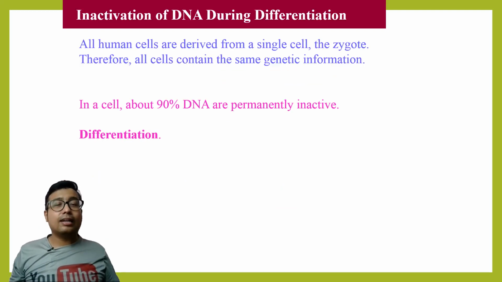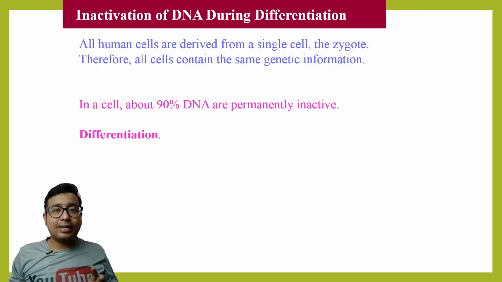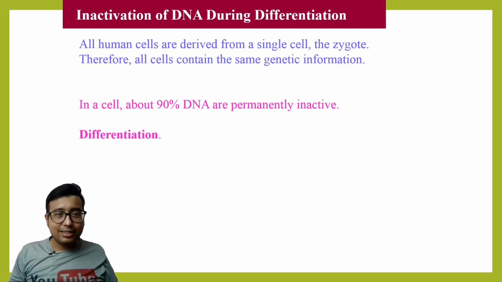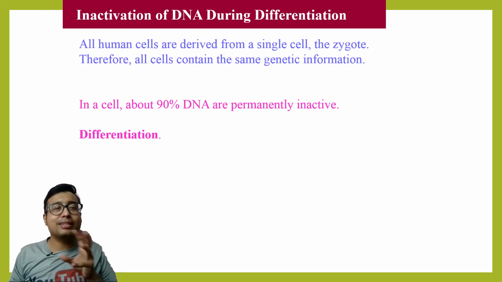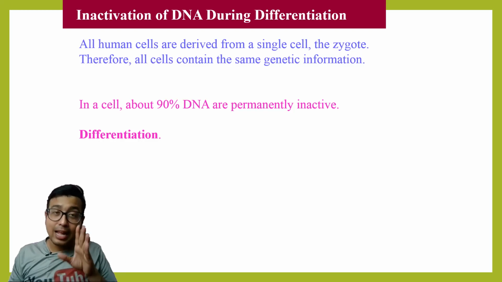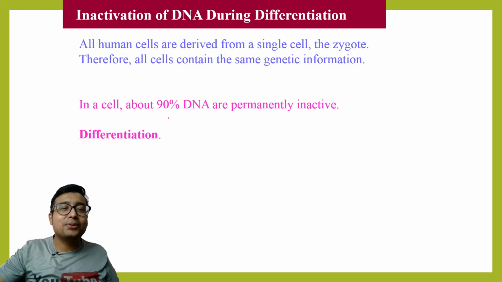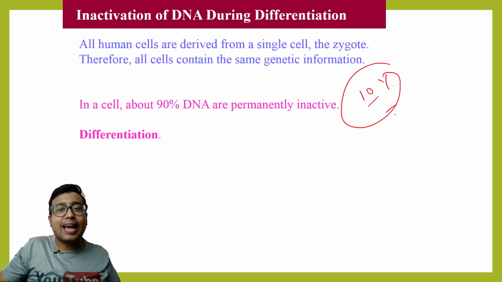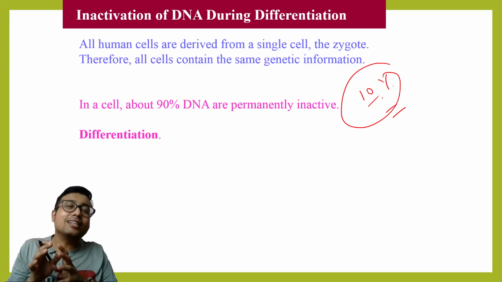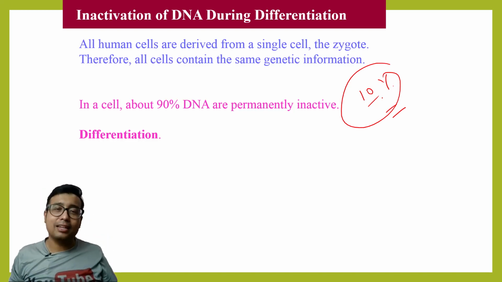Now, during differentiation, cell division, actually the whole information is stored in the zygote, right? All the genetic information is stored in that DNA, but it has been found that only 10% of the DNA is active, and that is enough to transmit all the genetic information.